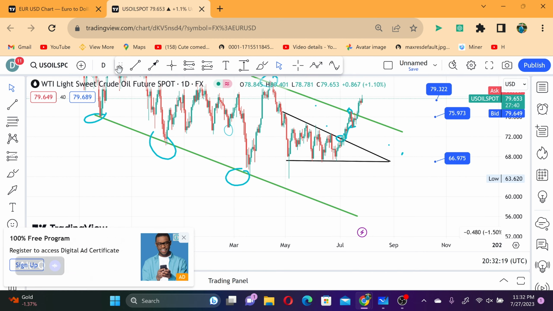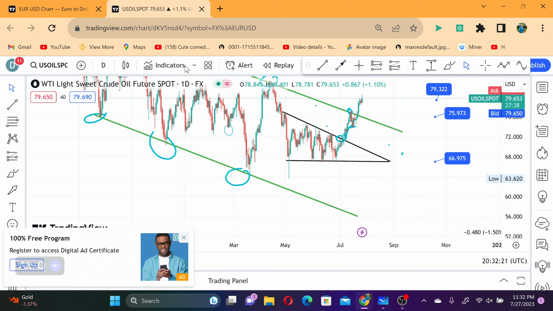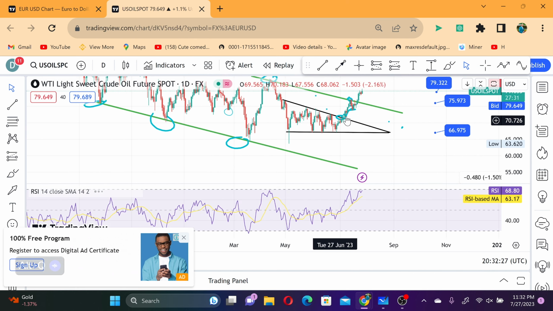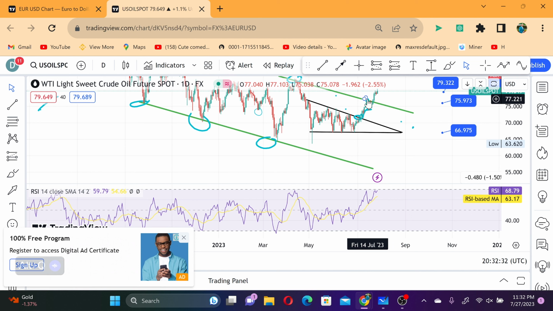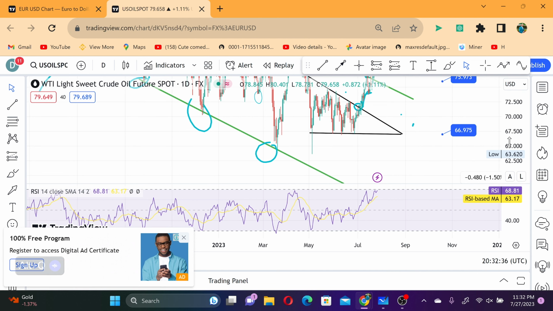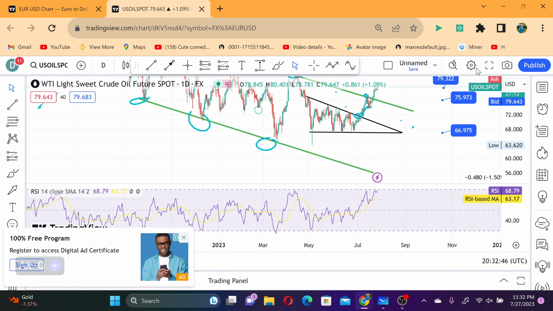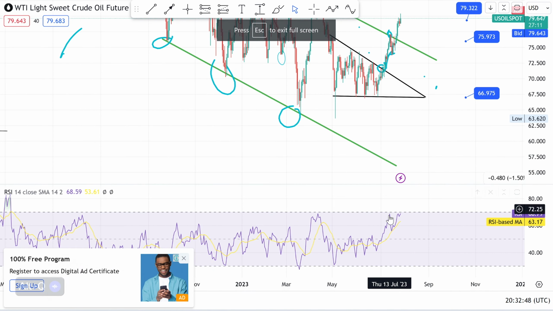So I'm going to try to use one of the indicators. You can use this in different time zones, and I'm going to use something like RSI, relative strength index, to see whether we tend to get a reversal around this area to get from 77 to that. You can see the market actually touched this point, which means there was a possibility the market could reverse a little bit before going up again.